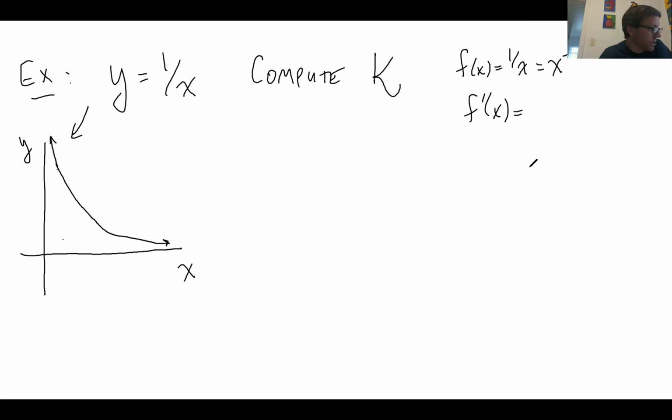So we take the derivative, you get -1 times x to the -2, or just negative x to the -2. And then the second derivative, we just continue the process here. The -2 will come down to be +2 x to the -3.